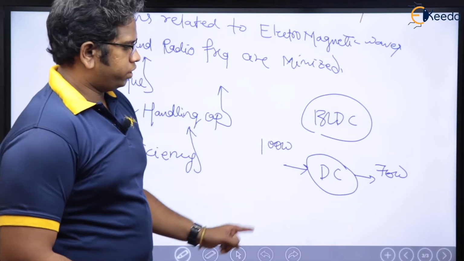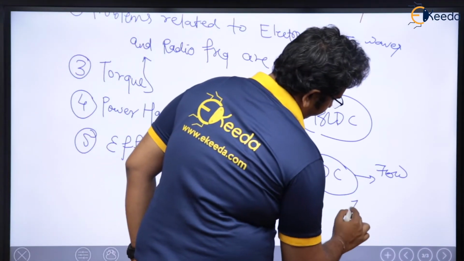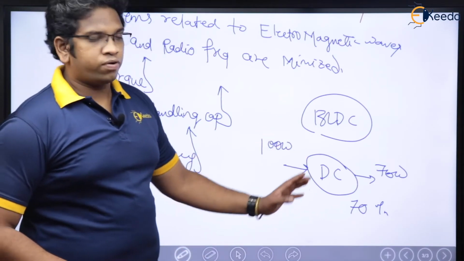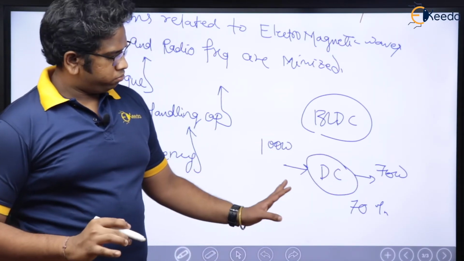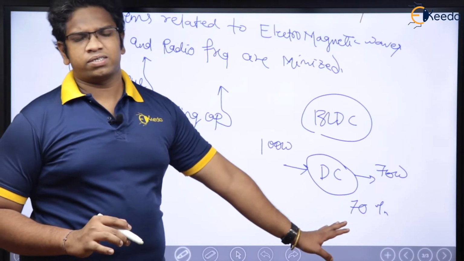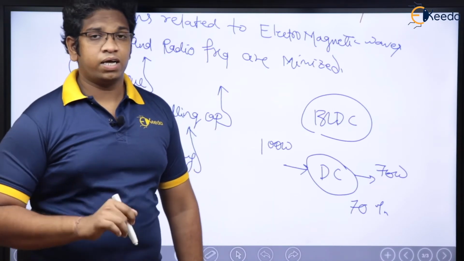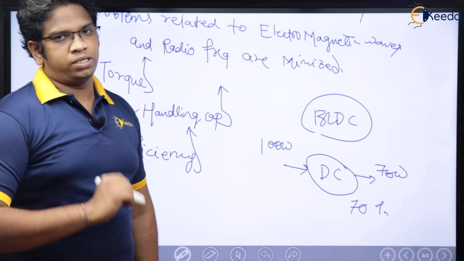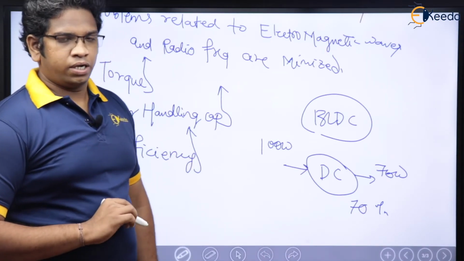Output upon input, the efficiency is going to be somewhere around 70%. For different motors it will change, but somewhere around 60 to 70% it will be there, because of the power absorbed by the brushes.